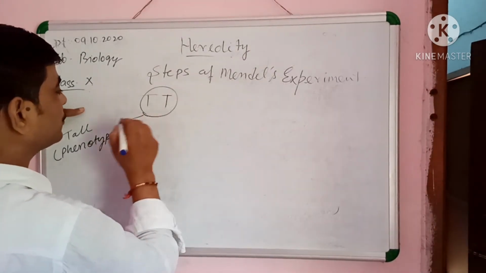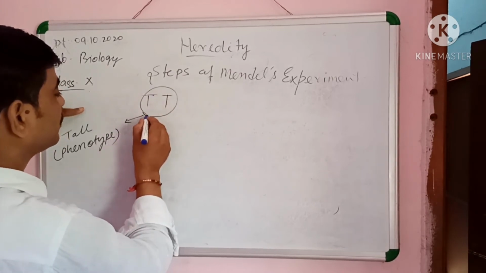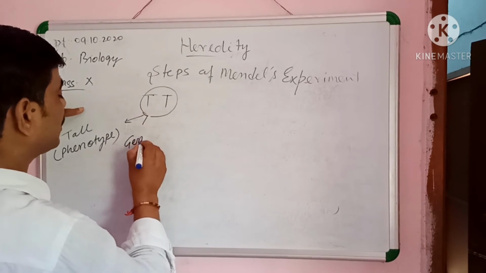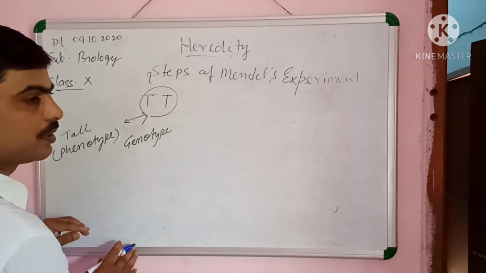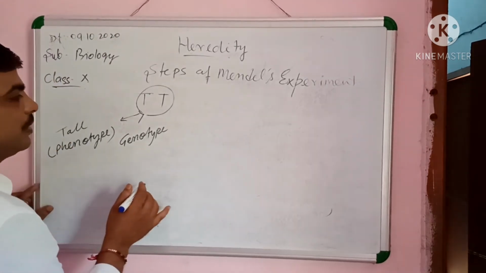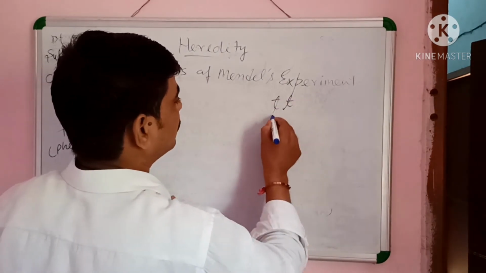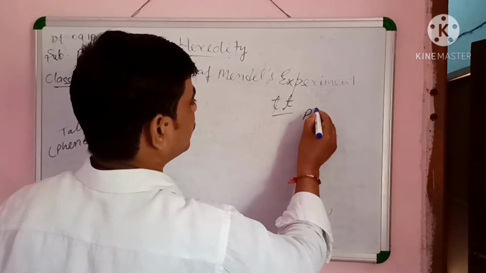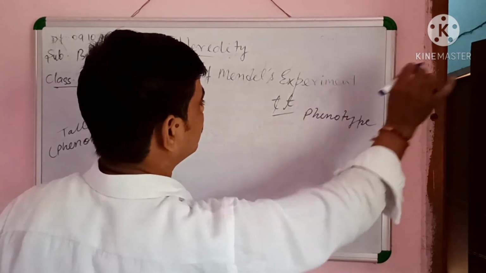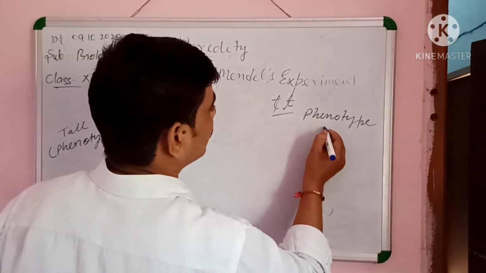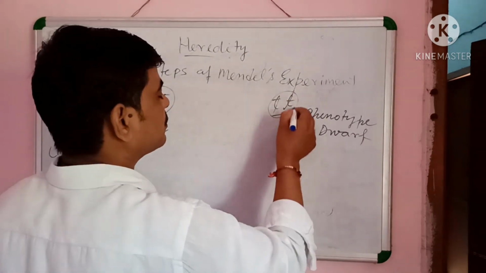And the genotype is this itself, means the combination of characters present on the gene. Similarly, small t, small t, that is the phenotype of dwarf, and the genotype is tt.